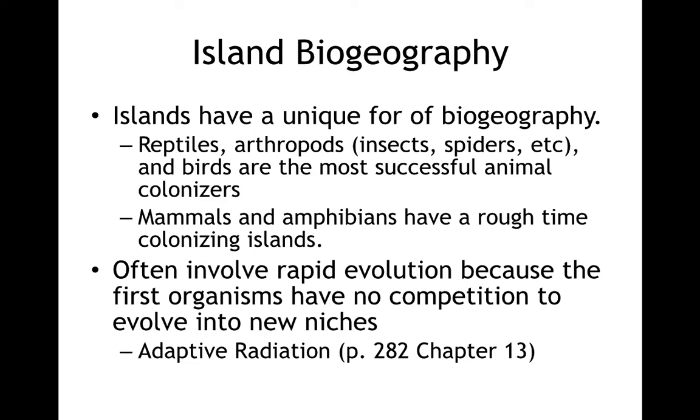So often what happens on these islands is you have what we call adaptive radiation. And adaptive radiation is an event where evolution appears to occur quicker than most other situations.